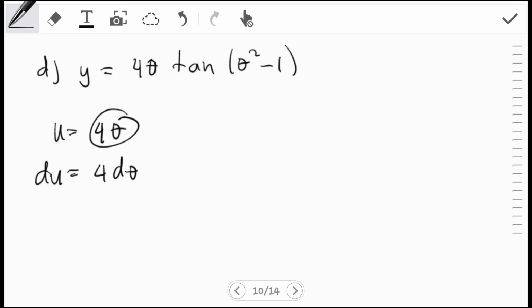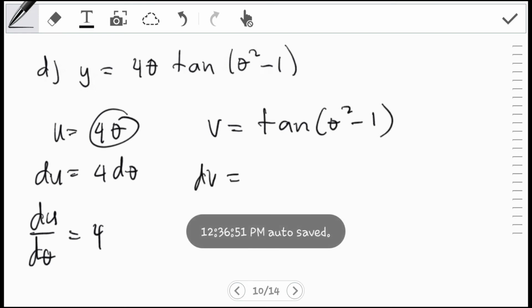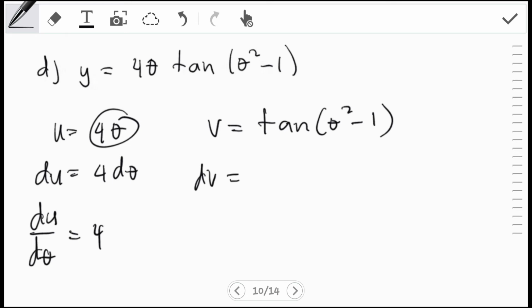So, the derivative of 4 theta is equals to 4 d theta. So, where du over d theta is equivalent to 4. Okay? So, another is where v is equals to tan theta squared minus 1. Where dv, okay, is equals to, take note, the derivative of tan.